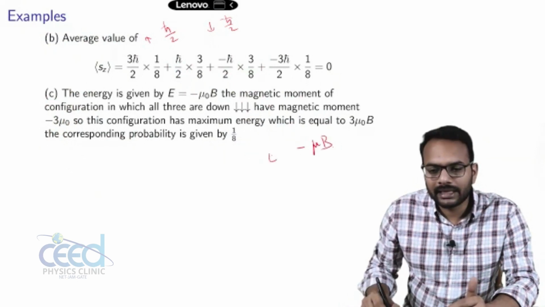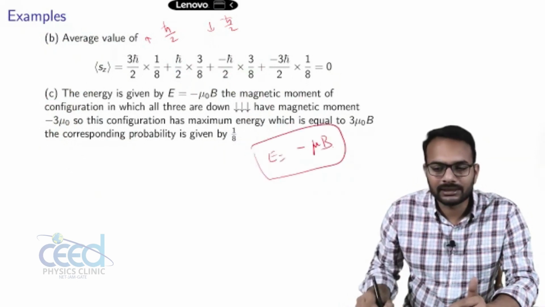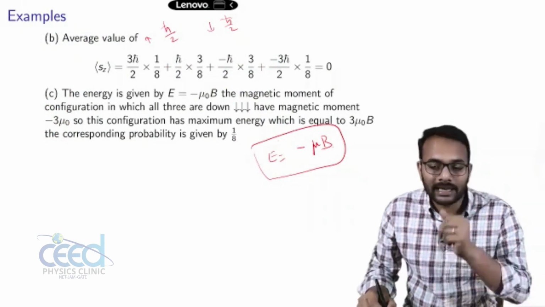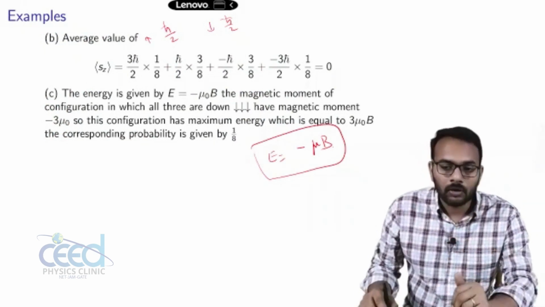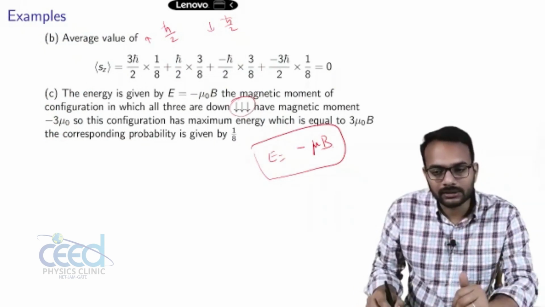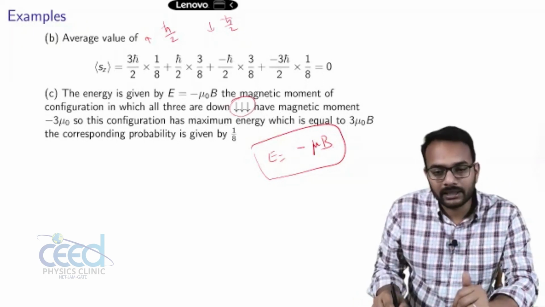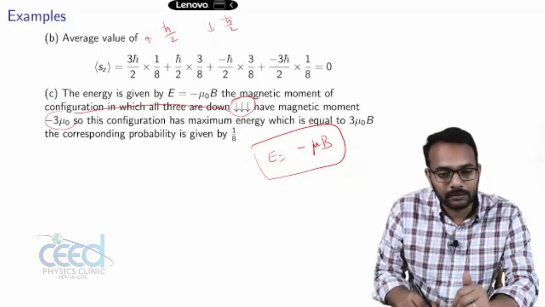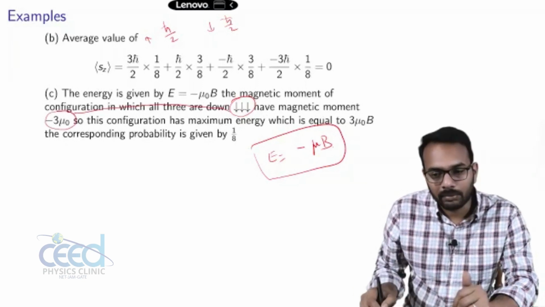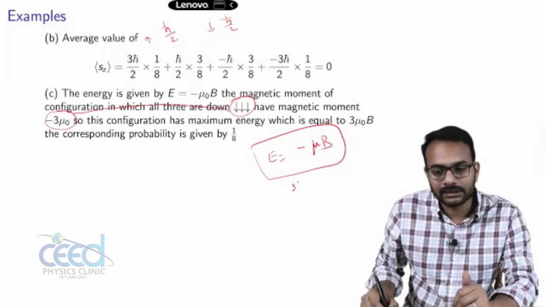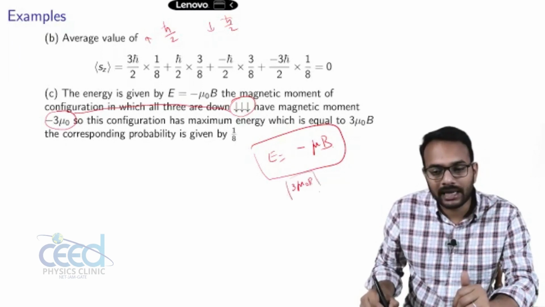This is the formula for energy, with a minus sign here. So the maximum possible energy corresponds to all spins pointing downwards. Then the total magnetic moment becomes minus 3 mu0. This minus and this minus cancel, so it becomes 3 mu0 b. This is the maximum possible energy.